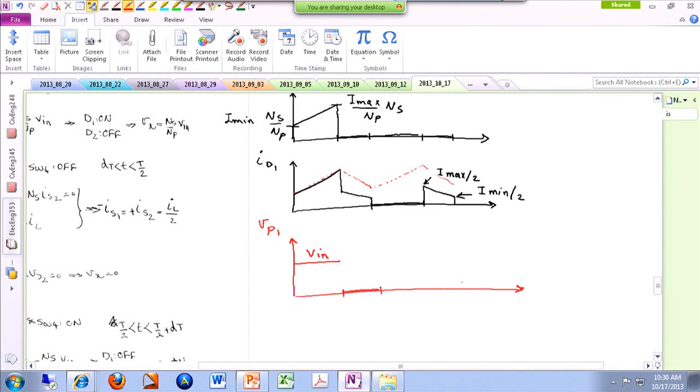So this is 0, and also this is 0. In the third mode, the second switch was on. V secondary 1 was negative V in, which is the same as V primary 2 being the negative of V in, which is the same as V primary 1. So we had negative V in over here.